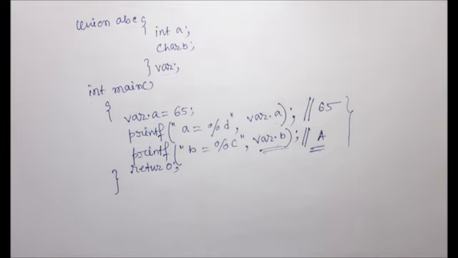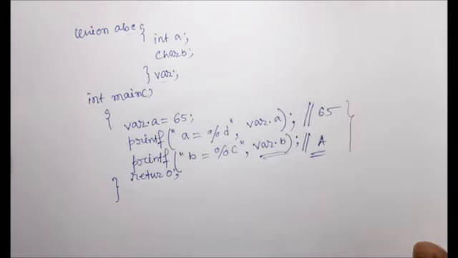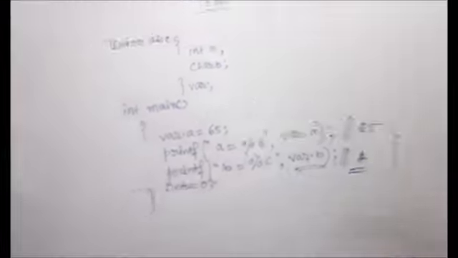Now, the next point is how to decide the size of a union. Let me take a simple example to calculate that. I am taking the same example, but with many other members.